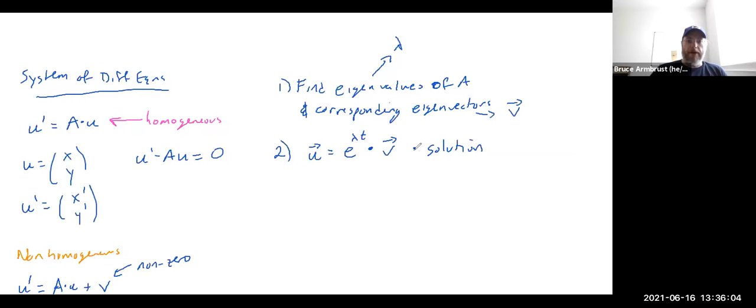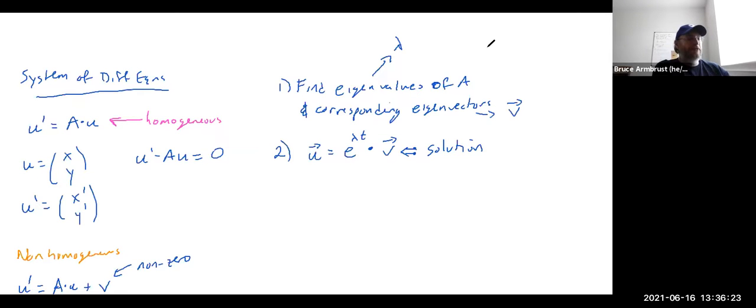So that was the whole point: we find the eigenvalues and their corresponding eigenvectors, because then we can build our solution set. Kind of ringing a bell, I hope, from a couple days ago.